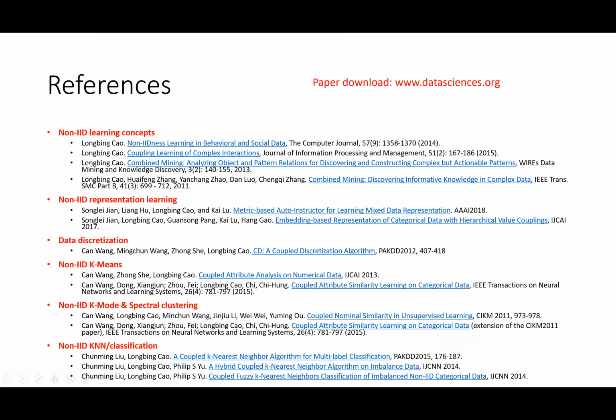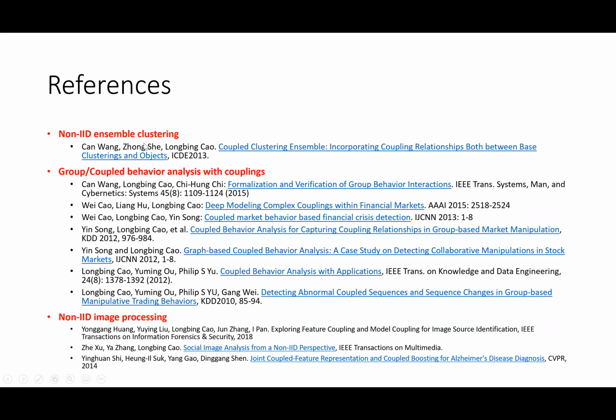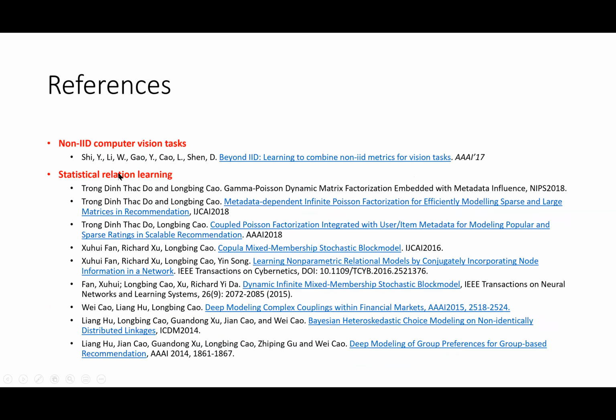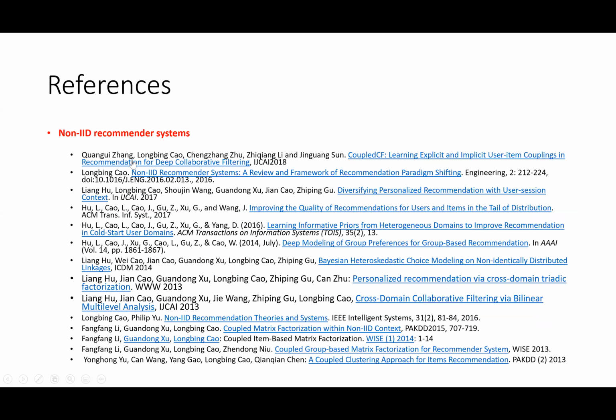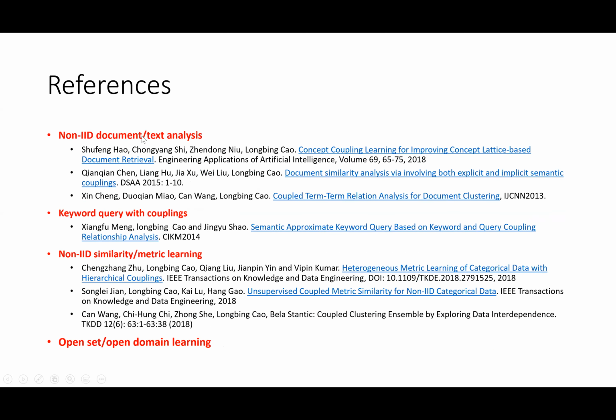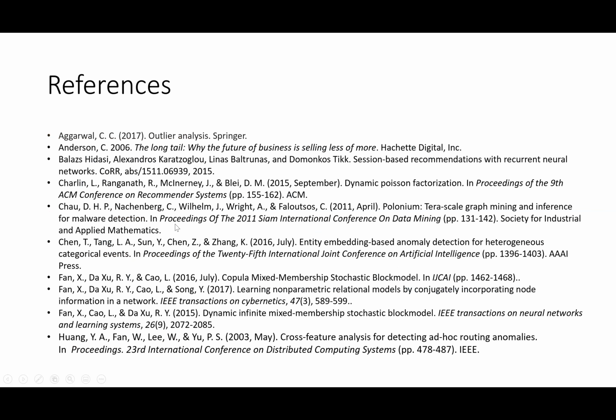I list many references related to the non-IID learning concept, representation learning, discretization, k-means, spectral clustering, KNN classification, ensemble clustering, global behavior analysis, image processing, computer vision, statistical relational learning, outlier detection, feature selection, pattern or rule relation analysis, combined pattern mining, the non-IID recommender system, non-IID document text analysis, keyword query in QA settings, non-IID similarity matrix learning, and there are many others I didn't list.